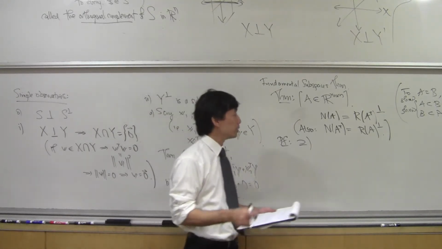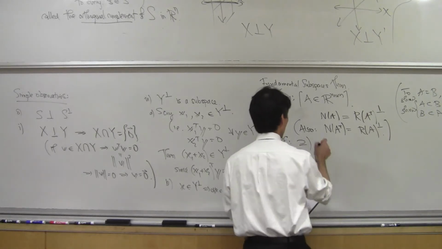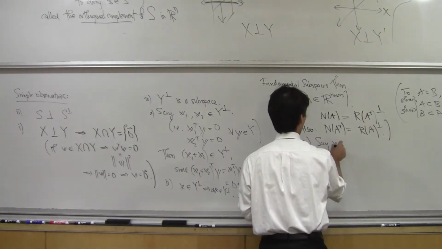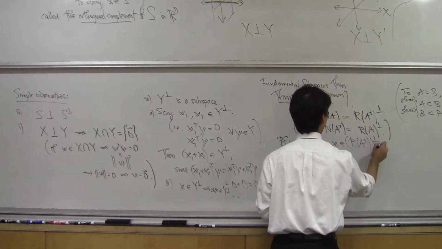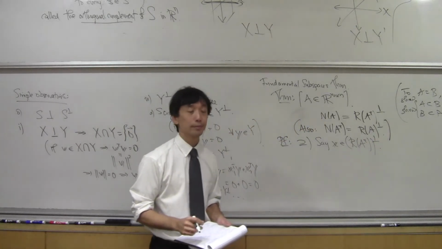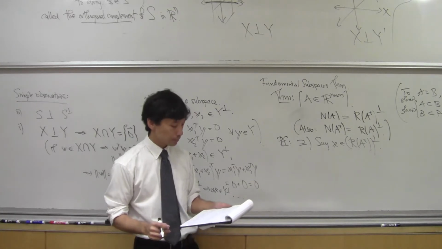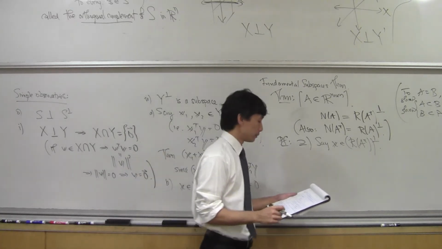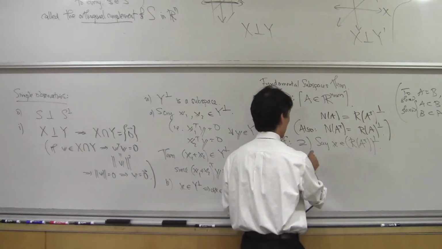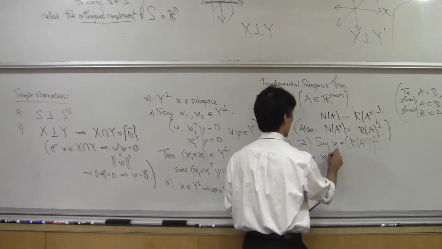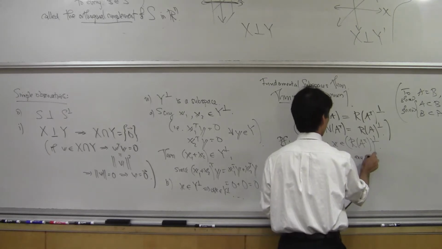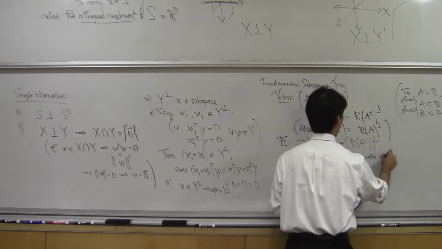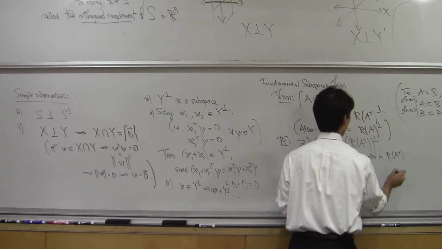Okay, so let's say that X is in the orthogonal complement of the range of A transpose. That means that X is perpendicular to any vector in the range of A transpose.